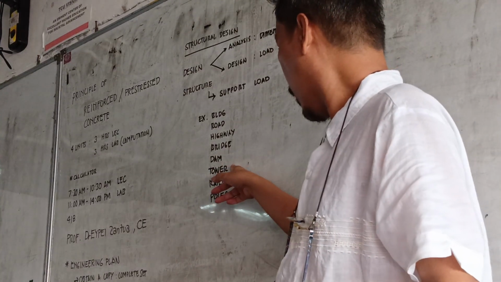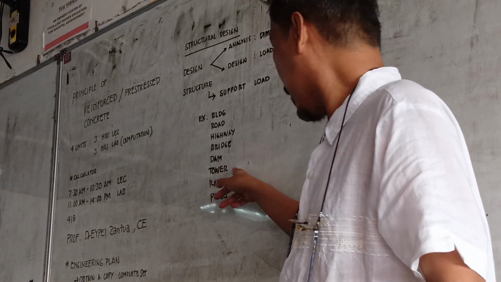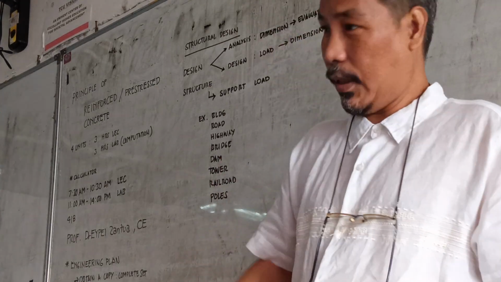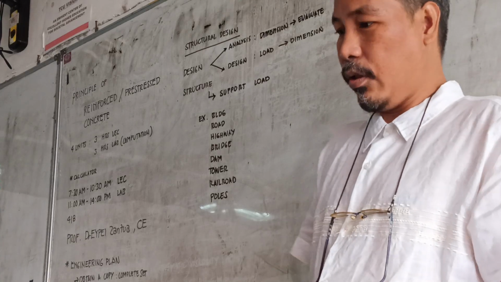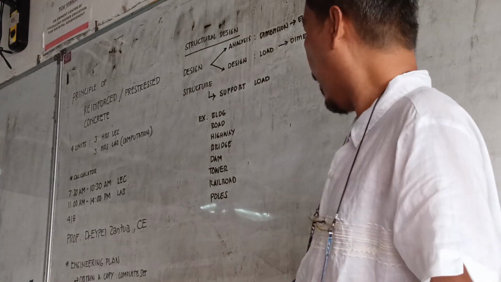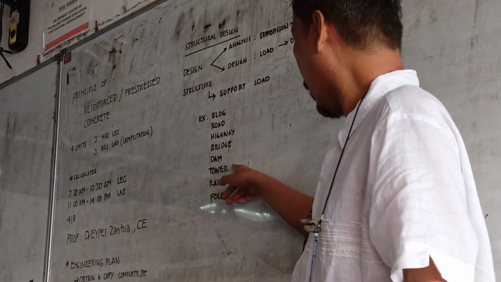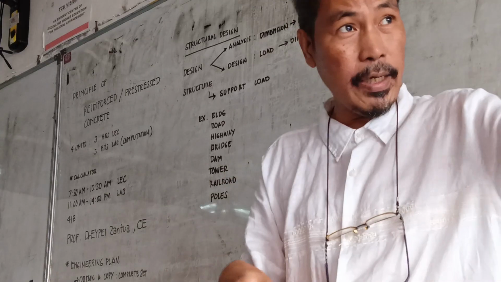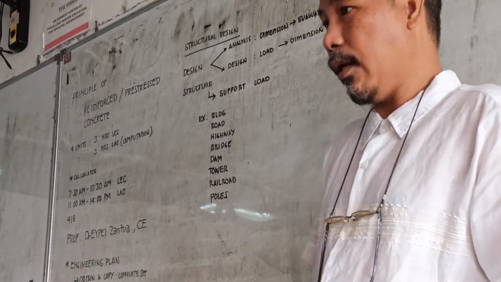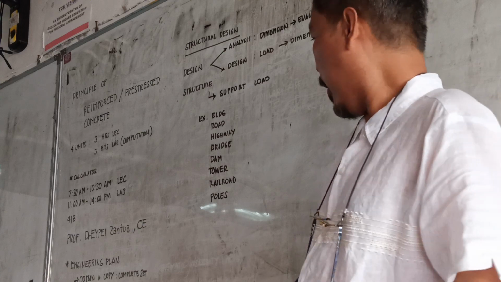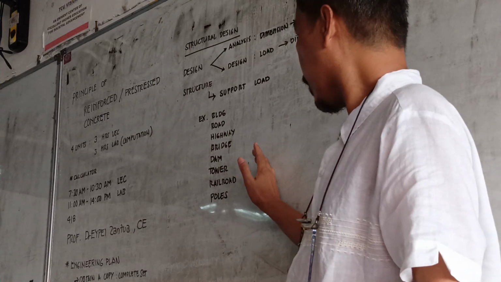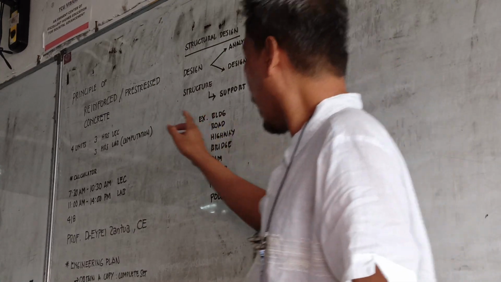Now, they can also design the tower, poles, mechanical development. They can also design this thing, particularly tower, because towers are usually made up of pure steel. So when the structure has a concrete component, that is more on civil engineering.